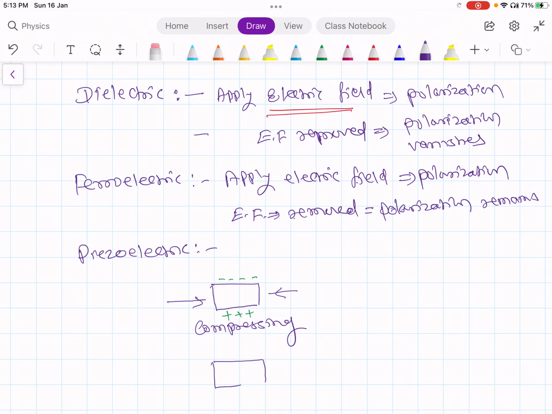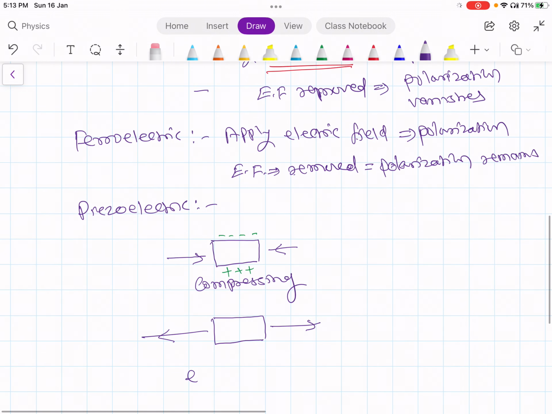And the same material, if you elongate it, if you pull it away, then again it is observed that charges develop on the opposite faces, but in the reverse manner.